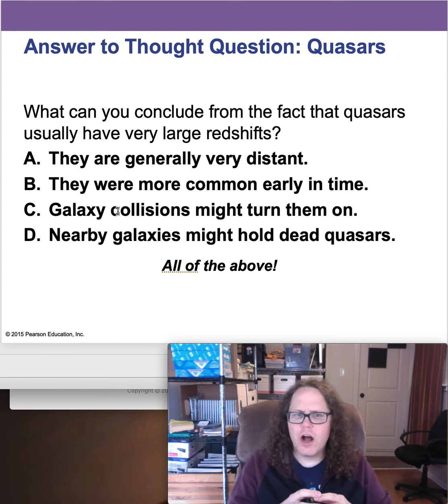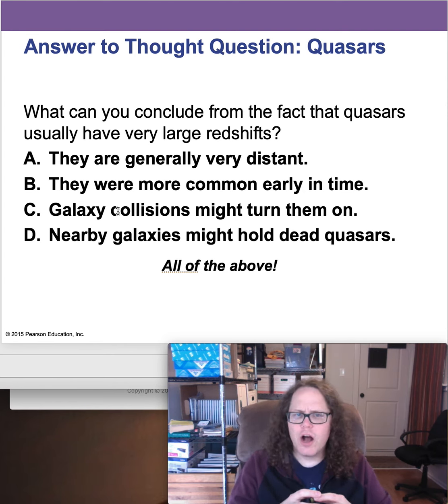And indeed, we often see quasars in galaxies that are in the process of merging with other galaxies. What this tells us is that both galaxies have supermassive black holes at the center, but once the galaxies collide, each galaxy starts feeding gas to the other galaxy's black hole.